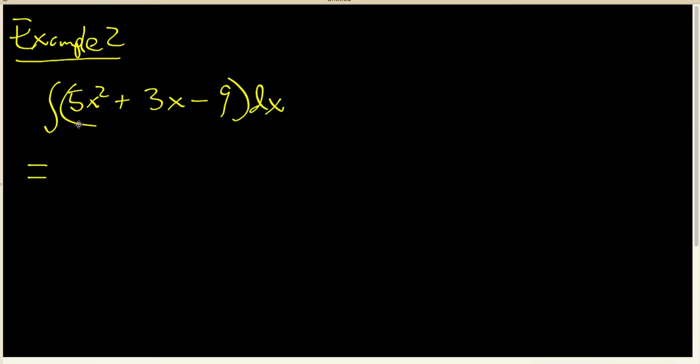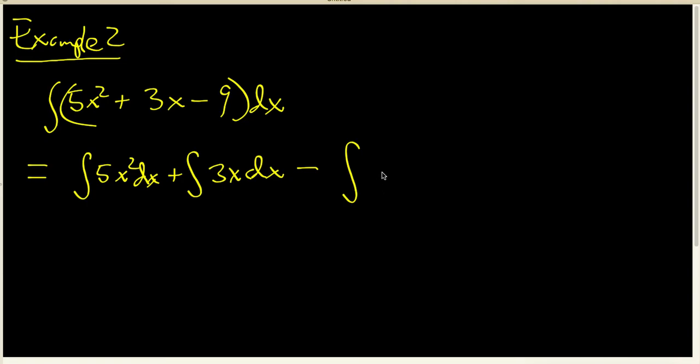Well, what I want to do is break this up into 3 little integrals. This can be broken up as the integral of 5x squared dx, plus the integral of 3x dx, minus the integral of 9 dx.